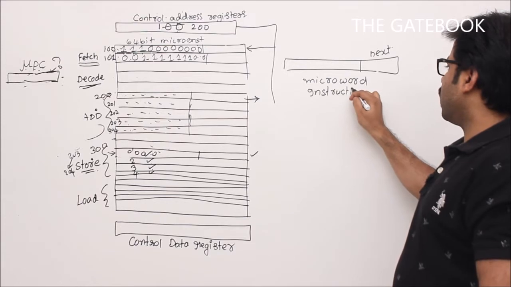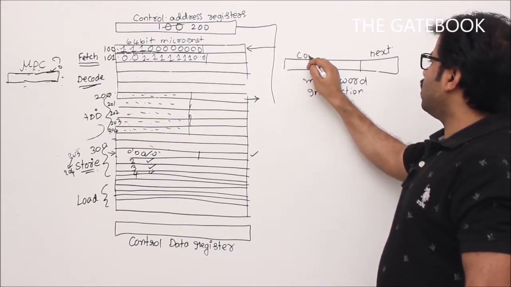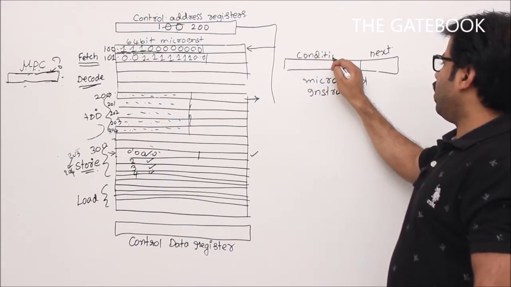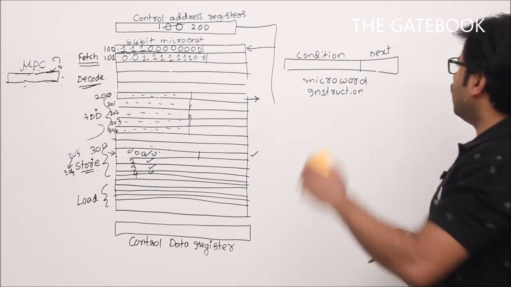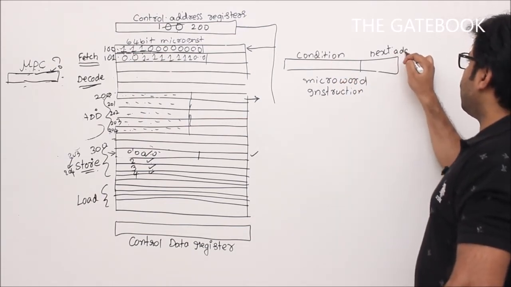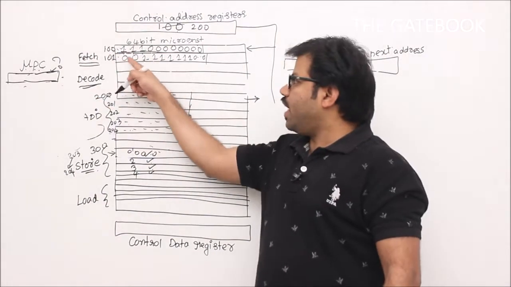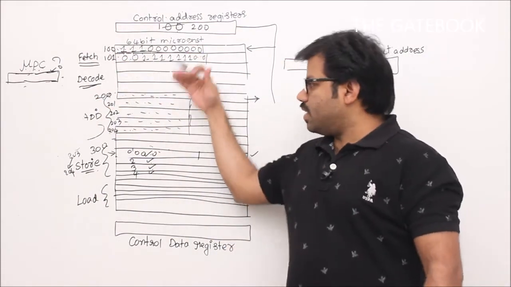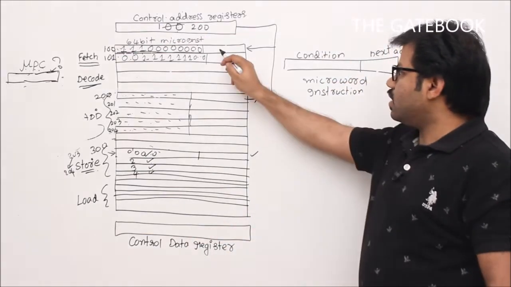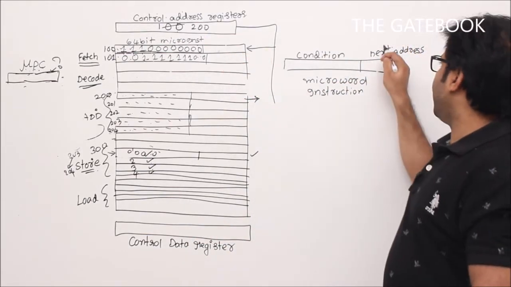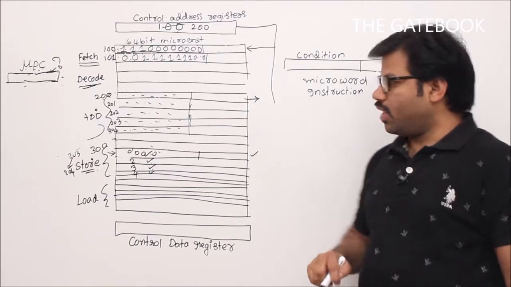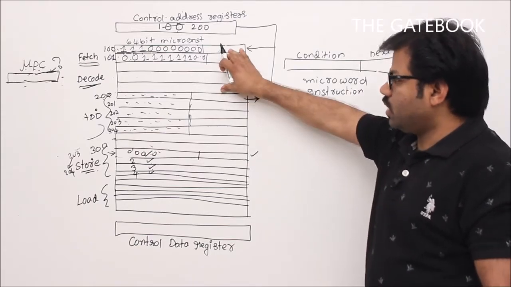First, conditions appropriate for doing some operations. Second one, next address, correct? Since next address is not always the immediate one, sometimes there is a jump, that's why one more field is required in the word, that is next address. Okay, now from now onwards that will be the usage.